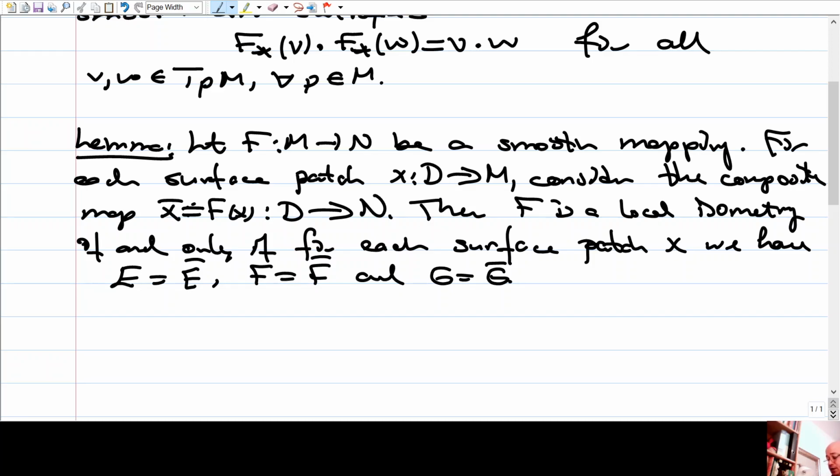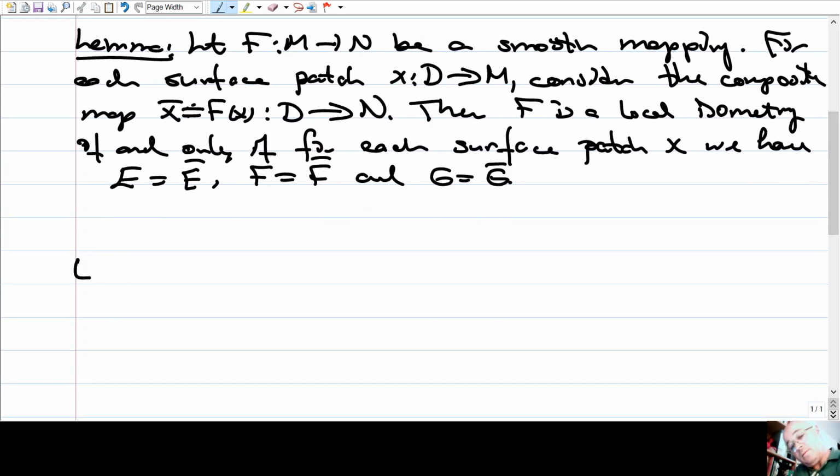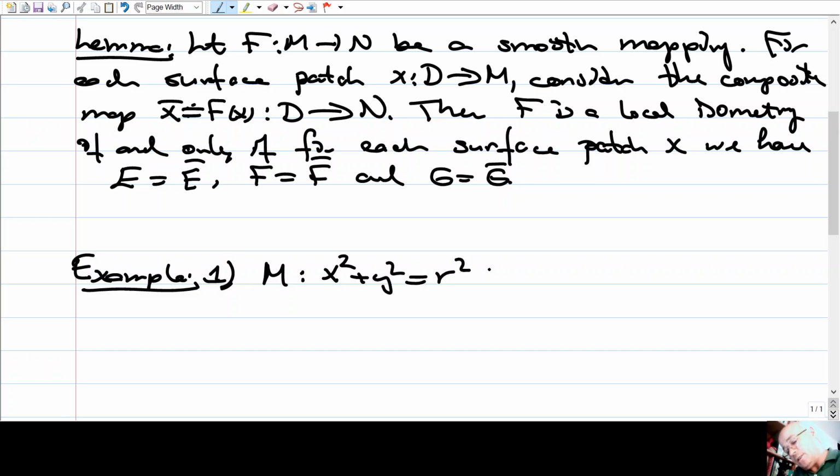Now, today I promise to give some examples. Let me do that. Okay, first example is this. Let M be the cylinder given by this equation, and X a smooth mapping.